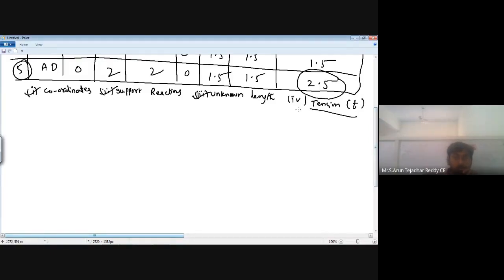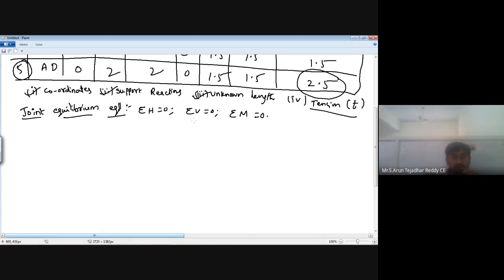And how to find the small t? In the previous class we discussed this: by using the joint equilibrium equations. Already you know the equilibrium equations: summation of horizontal force is equal to 0, summation of vertical force is equal to 0, summation of moment is 0.